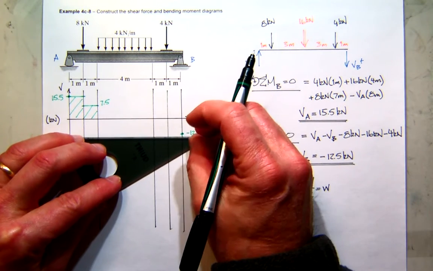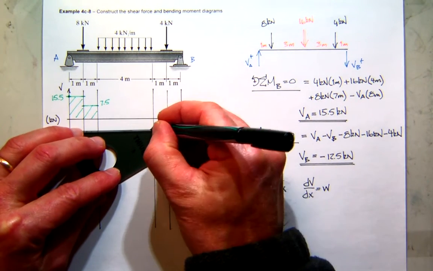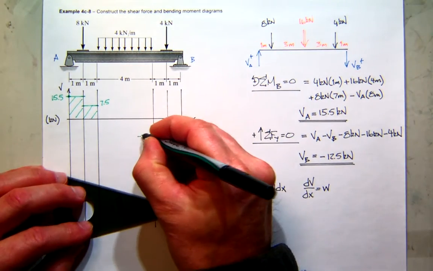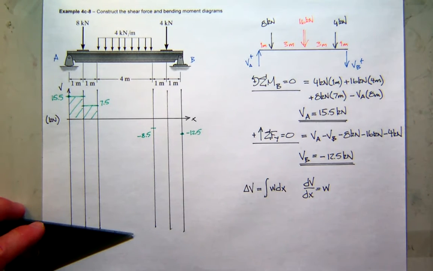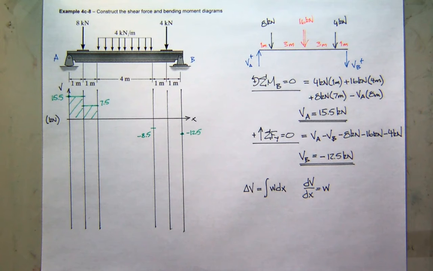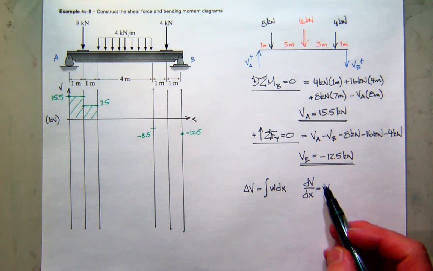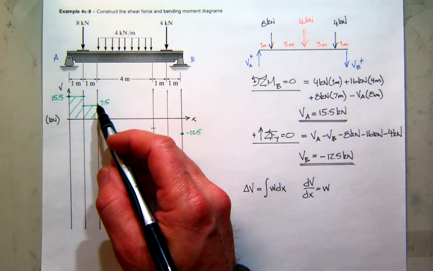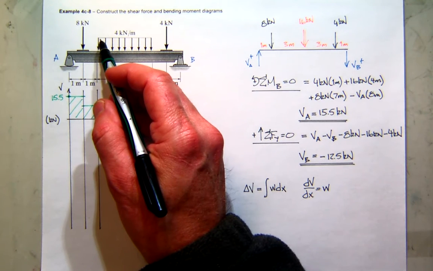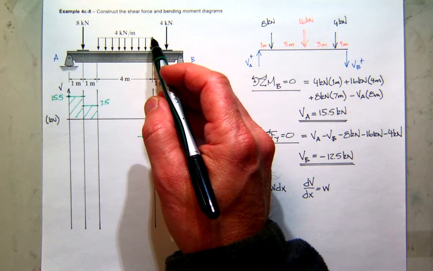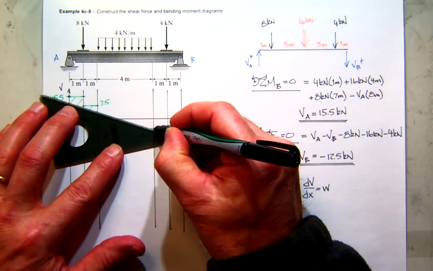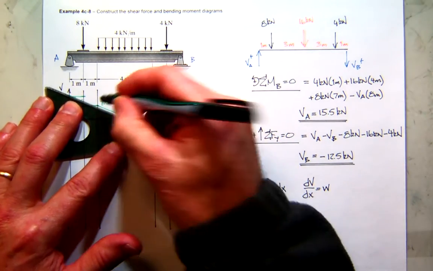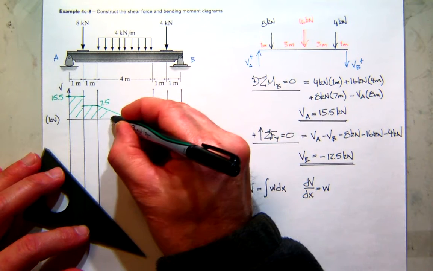I don't have this to scale, so let me do the best I can. So this should be negative 8.5. What's the slope of the shear diagram? Well, it's the load. Well, let's look at what the load is. So starting here, the load is 4, and it stays 4 all the way across, so it's constant. So that means the slope is constant. So you get this.